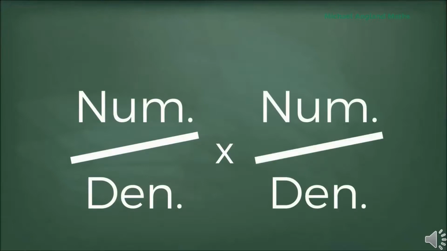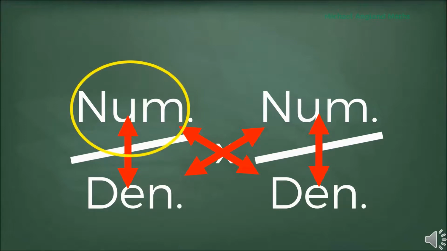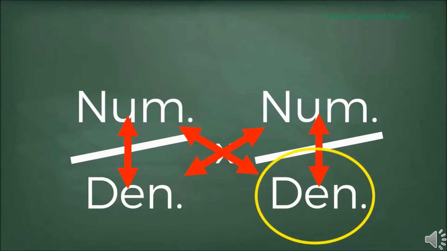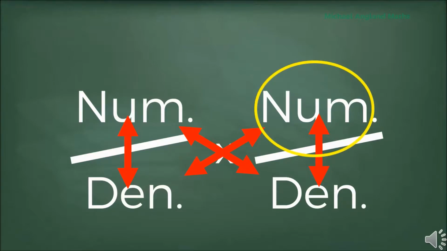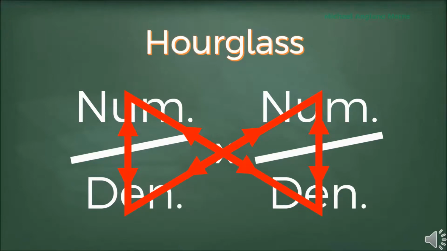So in conclusion to cancelling, if we're multiplying fractions, see here we have 2, we can cancel vertically, numerator to denominator, and we can cross-cancel from left-hand side numerator to right-hand side denominator, and right-hand side numerator to left-hand side denominator. So we get what in effect looks like an hourglass. So diagonally and vertically, but not horizontally.